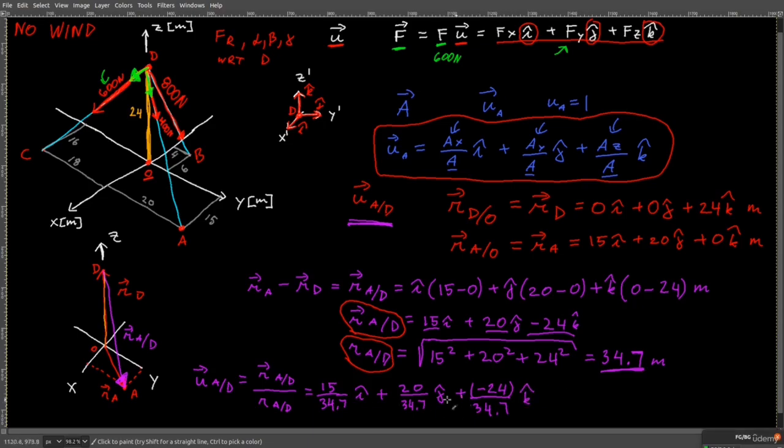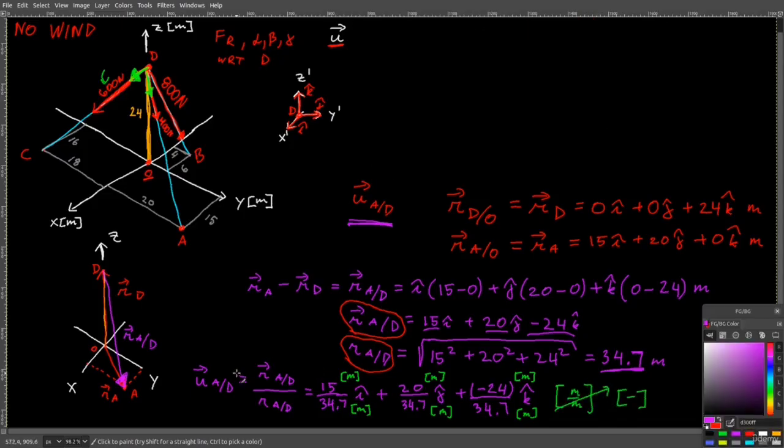Now for each component, the magnitude is in meters and that component is in meters. That's for the i component, j component, and k component. So in the end, your units for this general unit vector will be meters over meters, which means that a unit vector is a dimensionless vector.